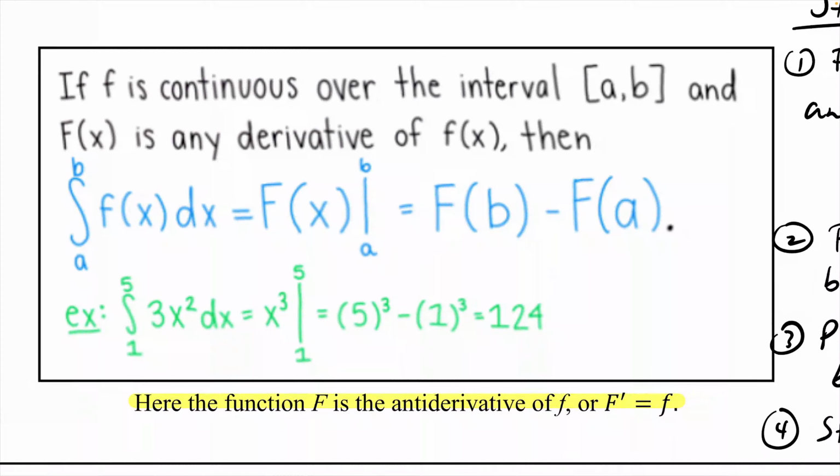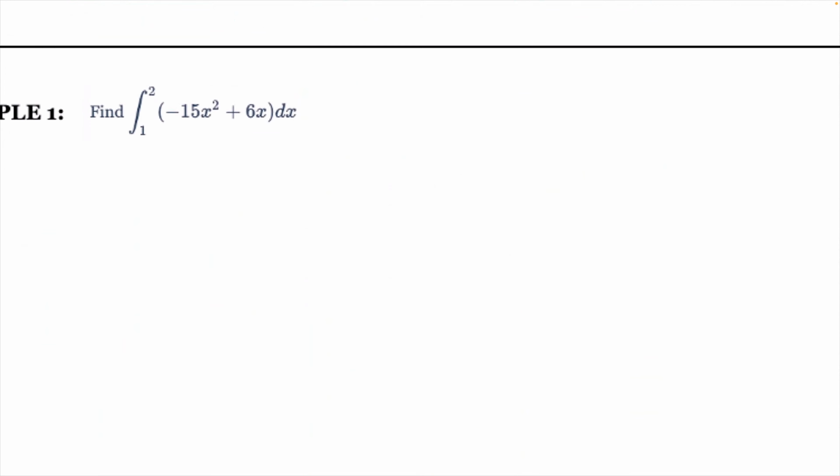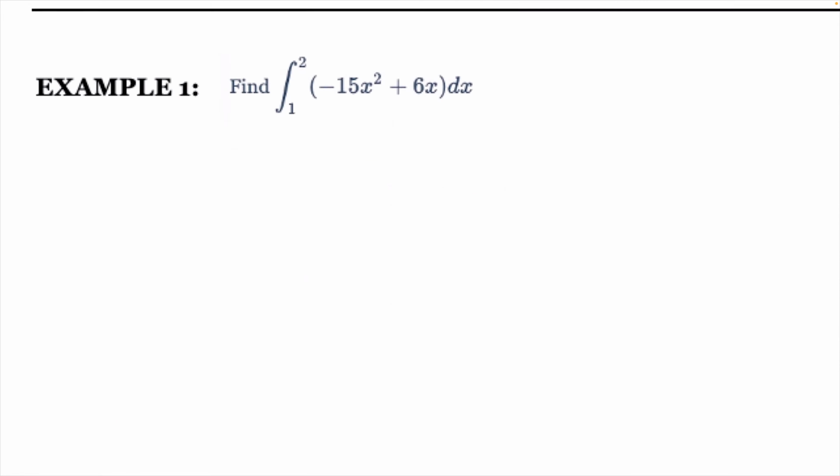Okay, we don't need a plus c today because we have bounds. If you have bounds, you don't need a plus c. All right. Okay, so let's look at number one. First thing we need to do is find the antiderivative. I have to find the antiderivative.